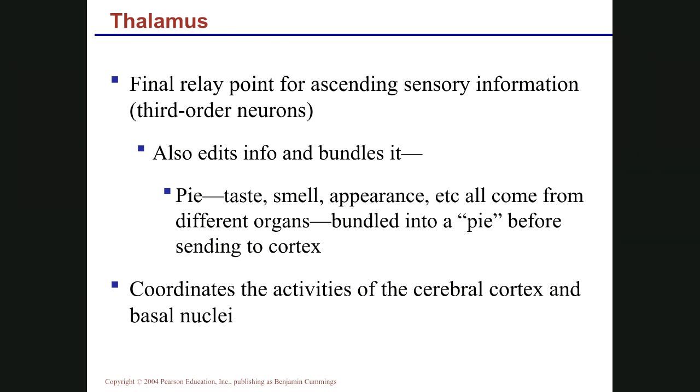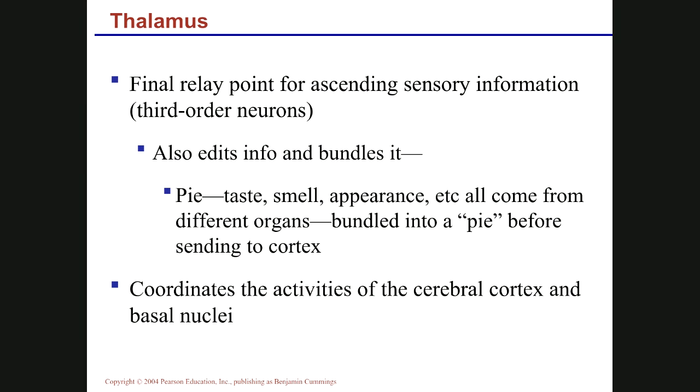That's not all it does, though. It doesn't just relay everything. It also edits the information and then bundles it up. If you think about a memory, or an experience, like the example I use here, pie: there's more to pie than what it looks like.